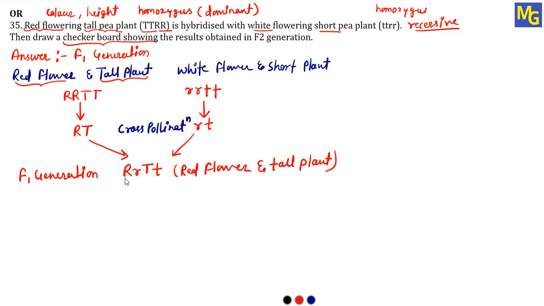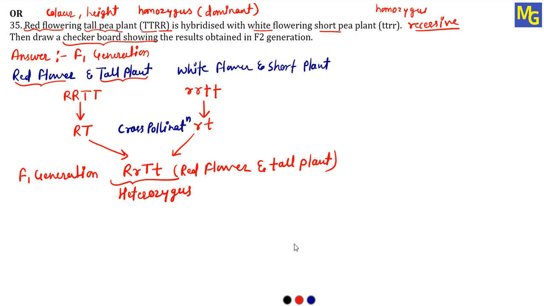Because there is one capital R. And this is heterozygous, because there is a capital and a small letter mixed. Here we can say that in the F1 generation, all the plants will be heterozygous with red flower and tall pea plant. Using these plants, we are going to do the F2 generation now.